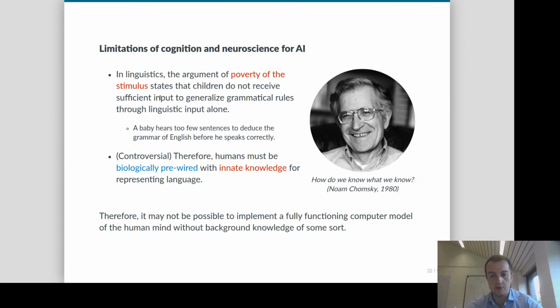raised by Noam Chomsky in the 80s, and he came with the following questions. So he did a lot of study in linguistics, in cognitive science, and in particular with respect to child development. And he asked the following question: how do we know what we know?